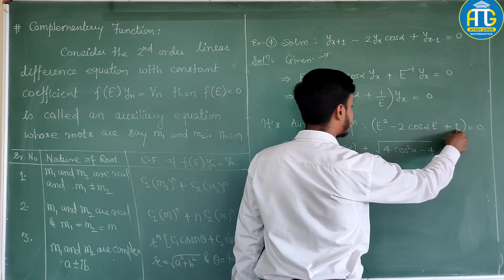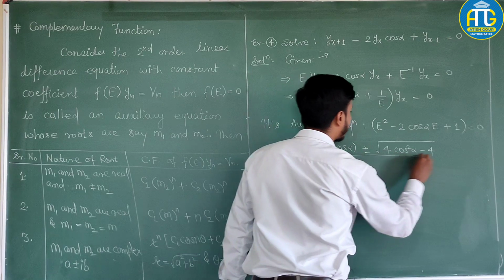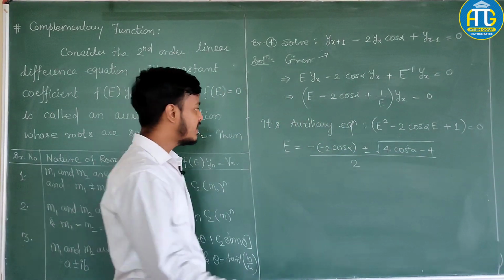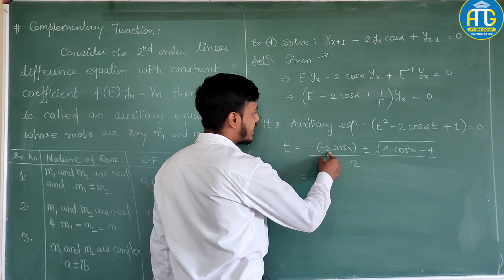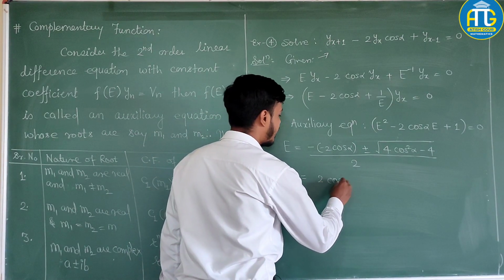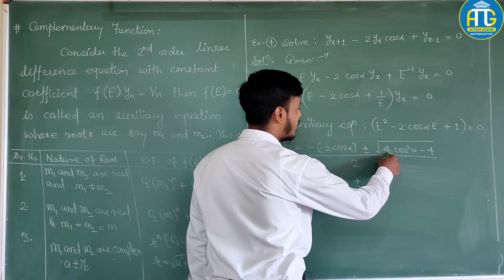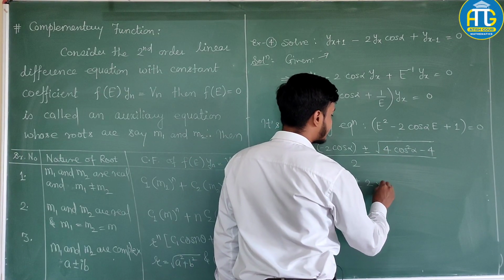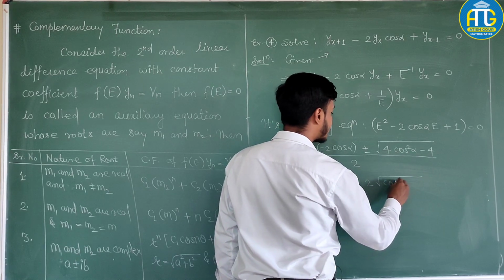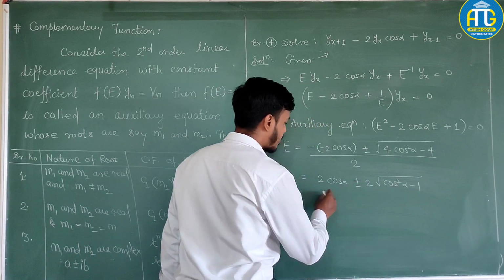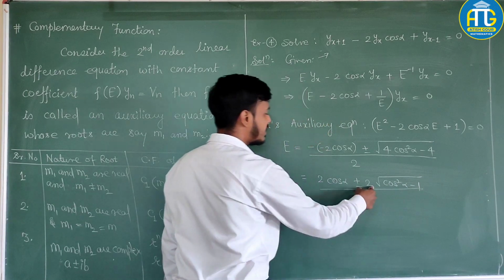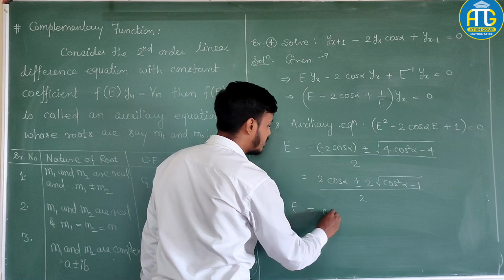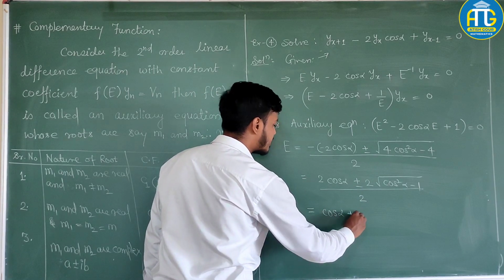A is 1, c is 1, whole divided by 2 into 1. Now you see this minus minus becomes plus. This is 2 cos alpha plus minus, this 4 you can take common, so under root 4 is 2. Then this is under root cos square alpha minus 1 upon 2. Now these two get cancelled, so we remain with E is equal to cos alpha plus minus.